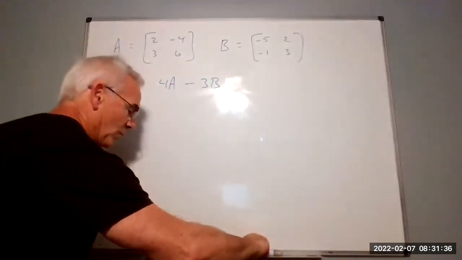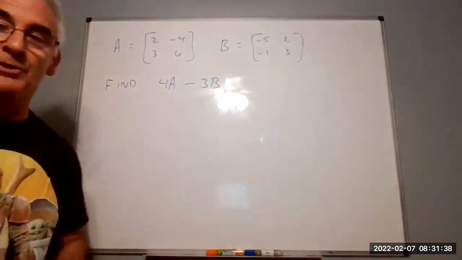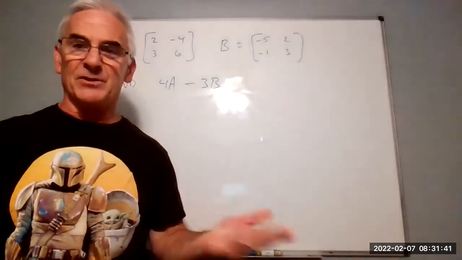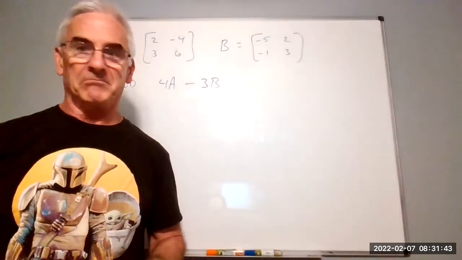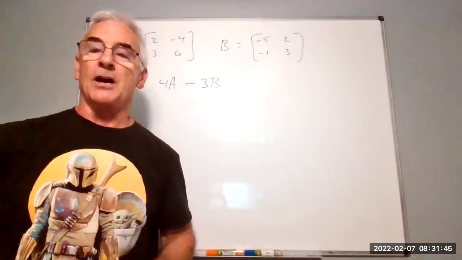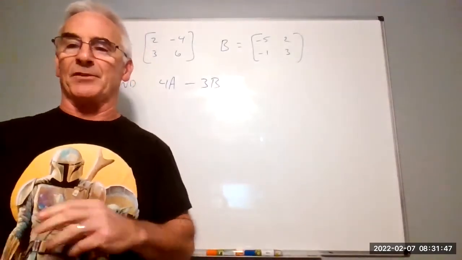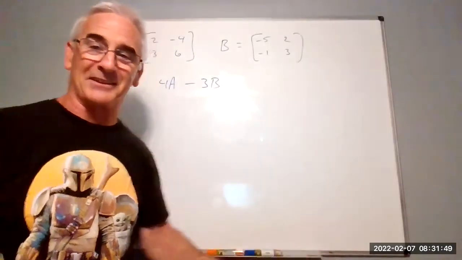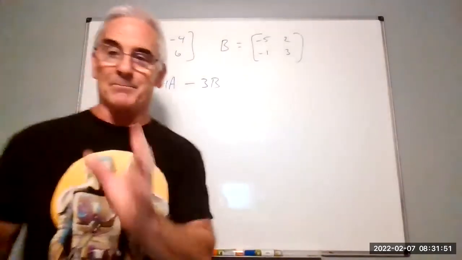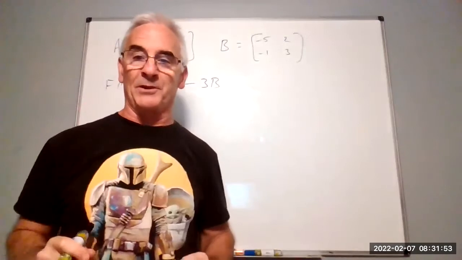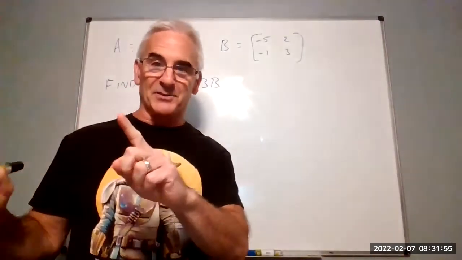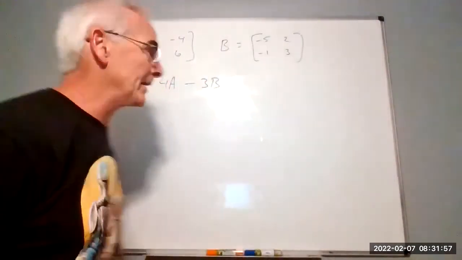So the simplest way to do this problem and ensure you're going to be correct is, first of all, never do a subtraction. Multiply by the scalar. A lot of folks like to subtract things and then they forget to distribute the thing they're subtracting. It's like a polynomial minus another polynomial, where we only get the first terms right because we forget to distribute the negative into the rest.